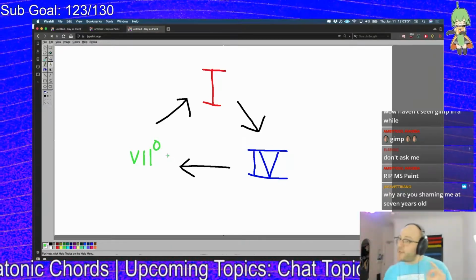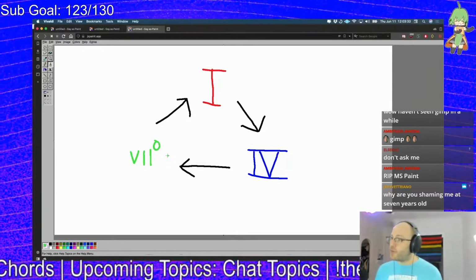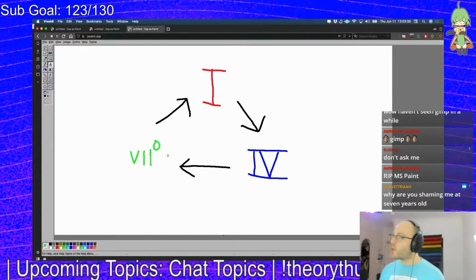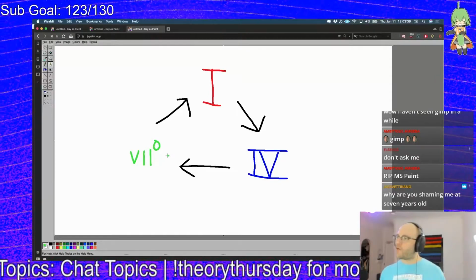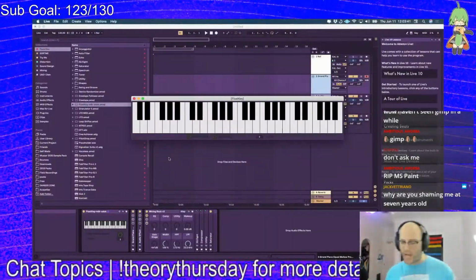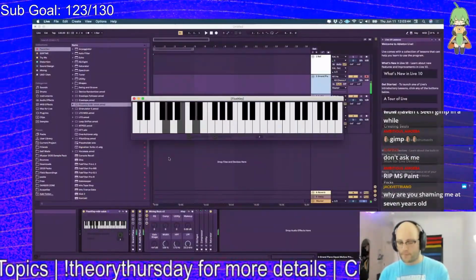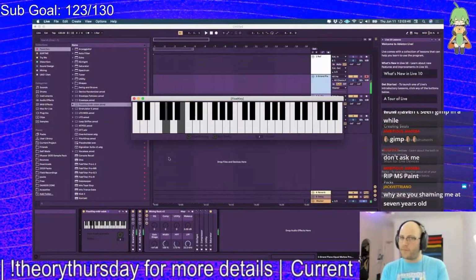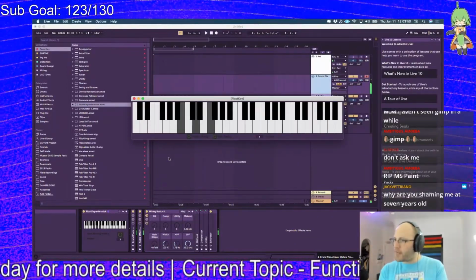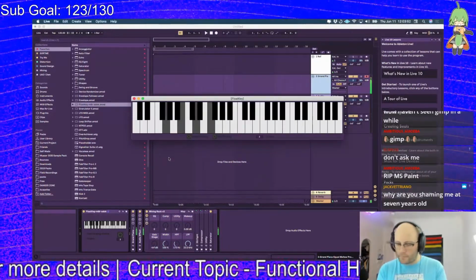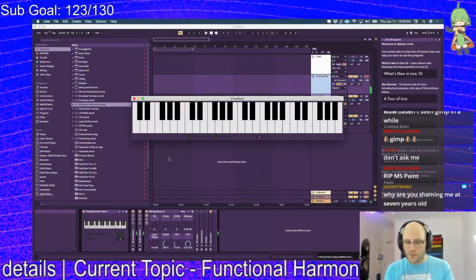In fact, if you combine the 3 and the 7 chord together, you get a much more powerful chord called the dominant 7th. So you have G major, the 5 chord, B D F, the 7 chord, and that just wants to go here.